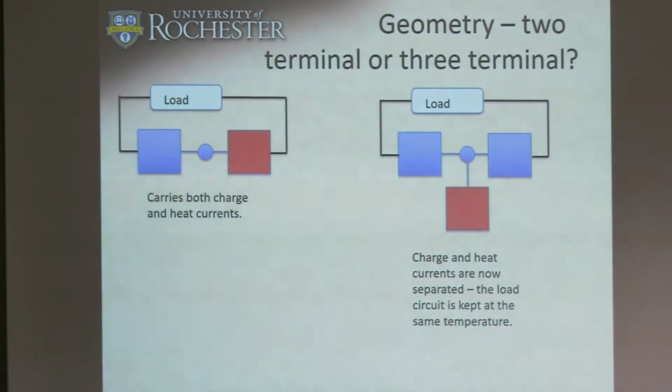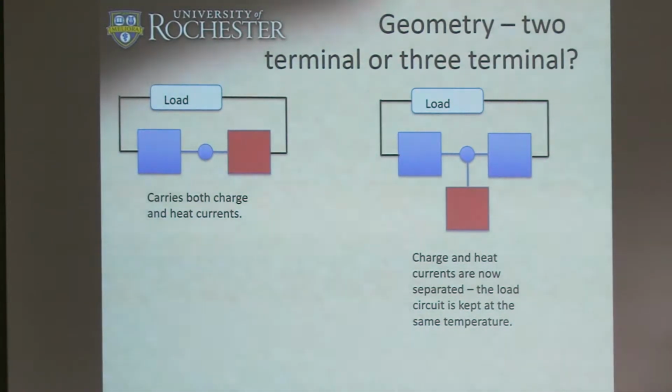Whereas if we're interested in an application like energy harvesting, where we have a source of energy we want to take the energy from and convert it into useful work, it's very useful and practical to think about this kind of three-terminal geometry where you can separate the heat currents from the electrical currents. So now in this geometry you have this source of energy, coming from your cell phone or what have you, that sends heat energy currents through this terminal, but the charge currents are carried through this circuit that's now all at the same temperature.